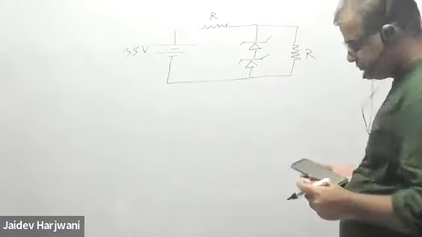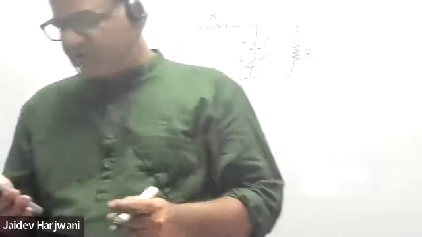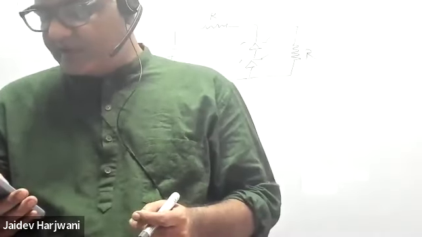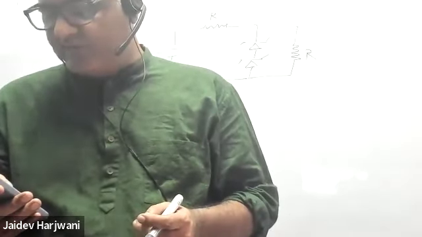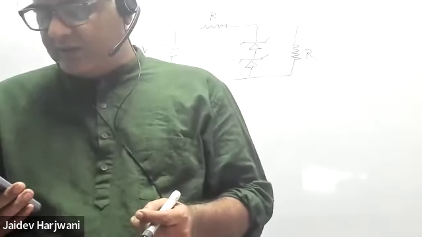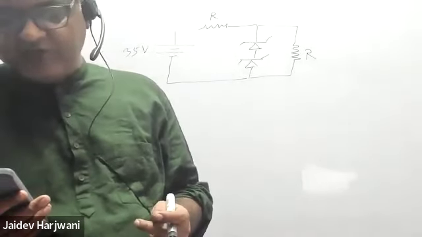This is question number 42, the second question of the sheet. The following Zener diode voltage regulator circuit is used to obtain 20 volt regulated output at load resistance RL from a 35 volt battery.